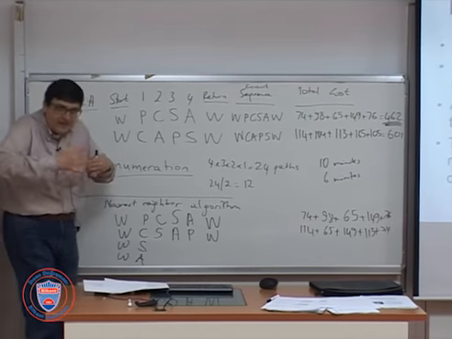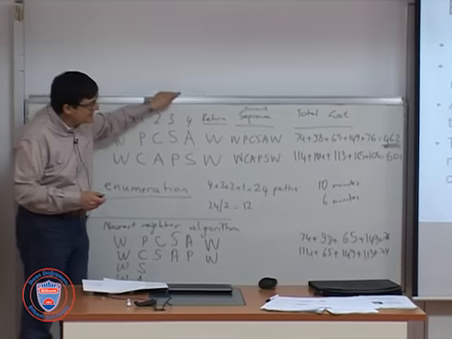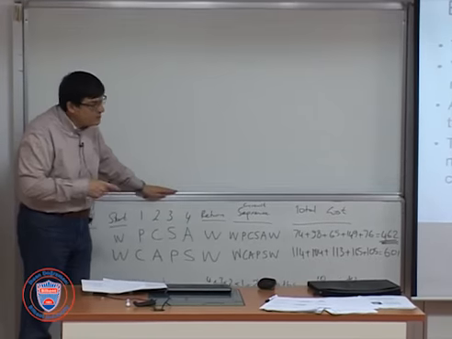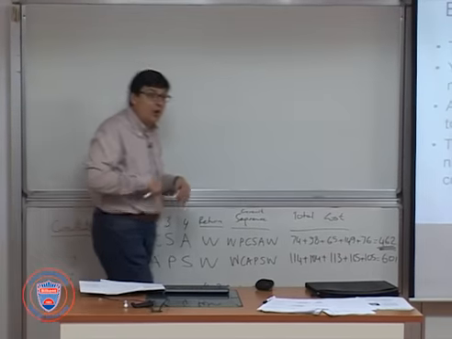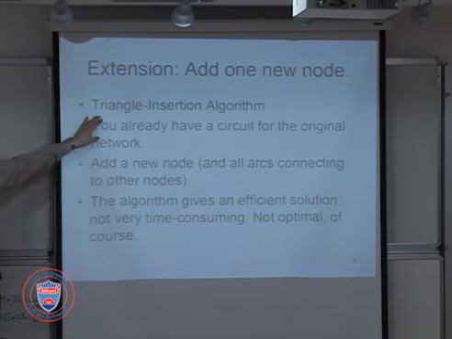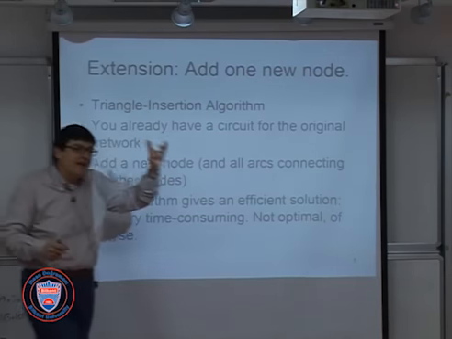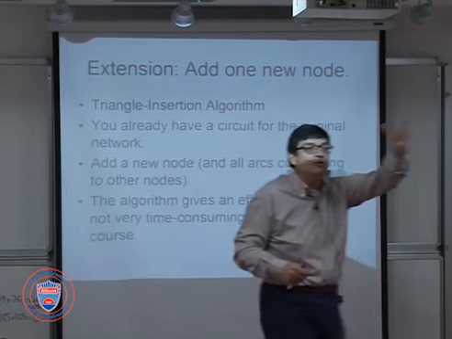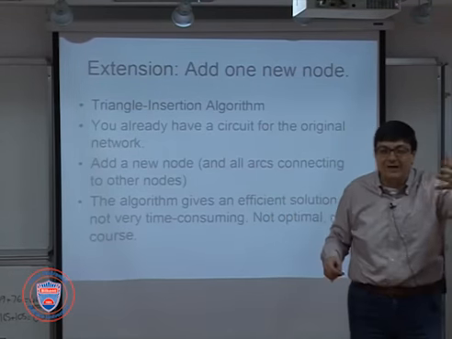We were constructing the solution. Whereas this triangle insertion algorithm is going to work if you have a solution available. Now, the idea is very simple. The idea is based on the improvement idea that we have been talking about.